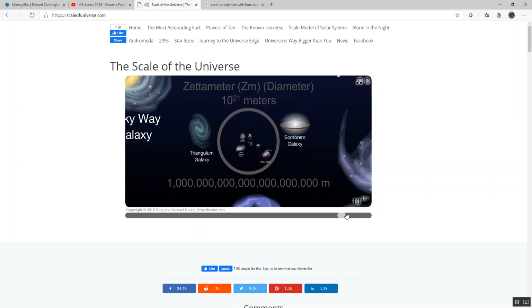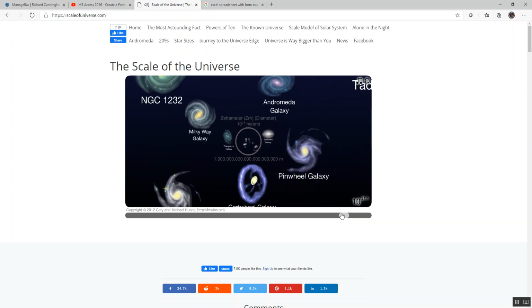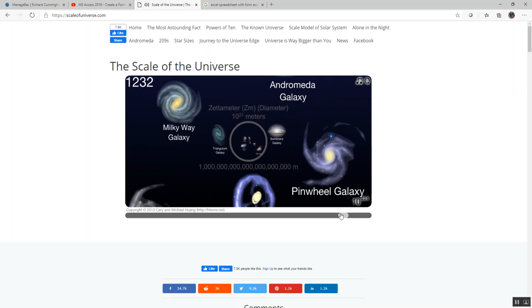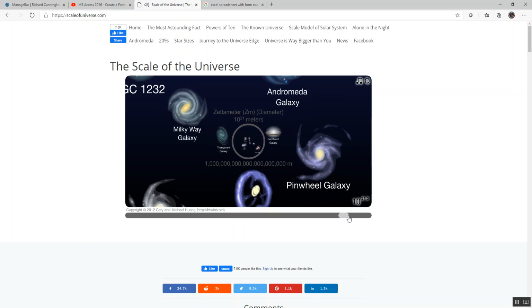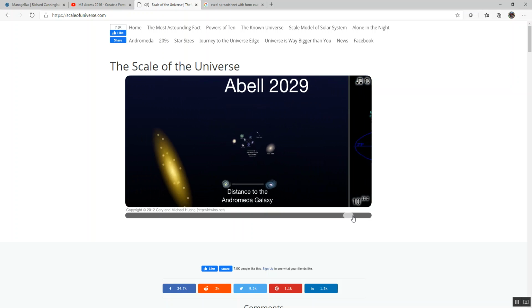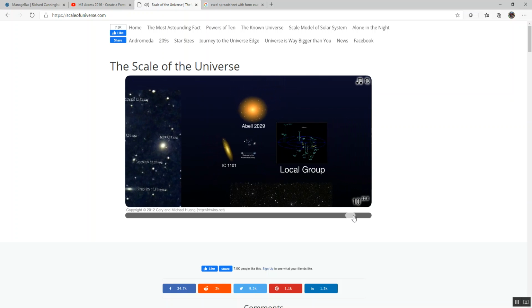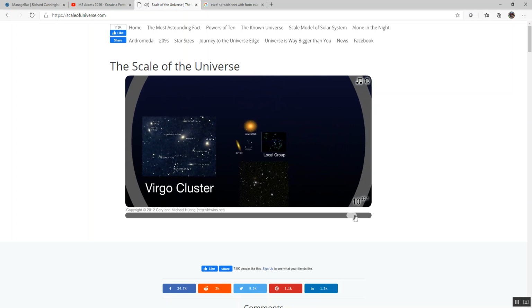We keep going out. Milky Way. Where was the Milky Way? Oh, there we go. So the Milky Way is about 10 to the power of 21 meters. Okay. So it's 10 to the power of 20. Okay, now this is starting to group galaxies and things together.